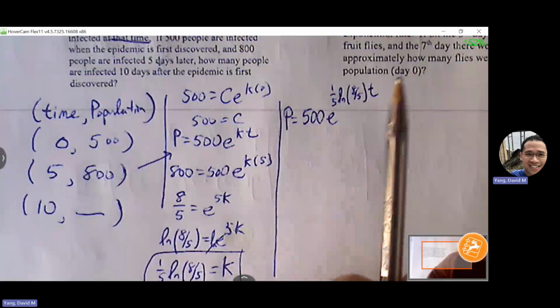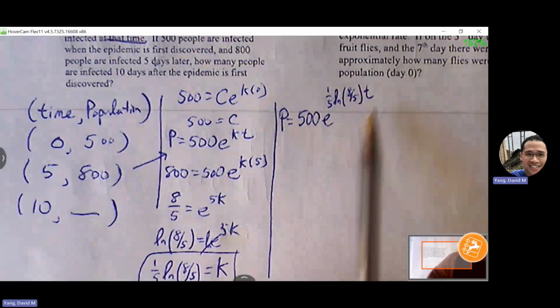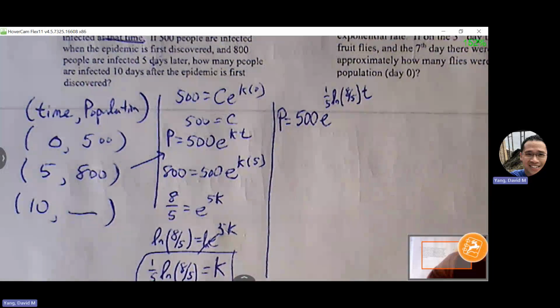So now we can plug in 10 for t, and then we can use our calculator to find the approximated population.